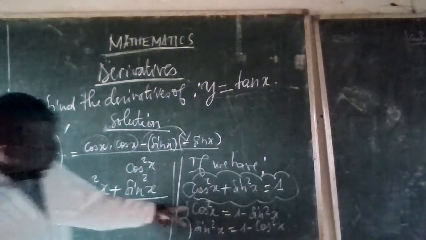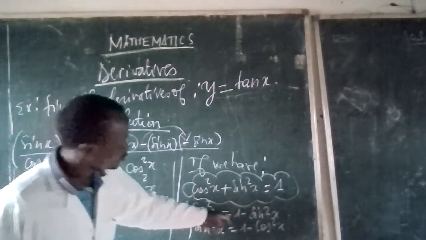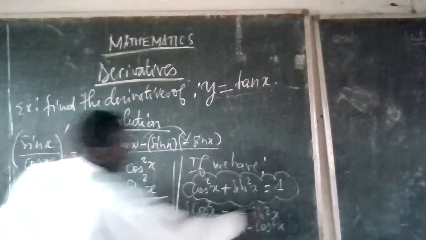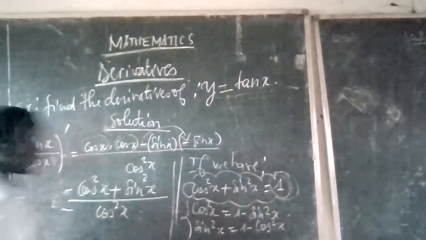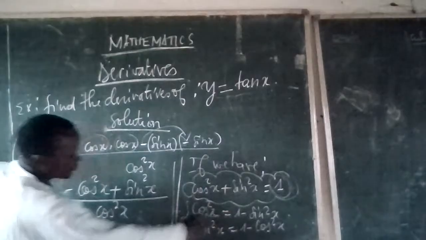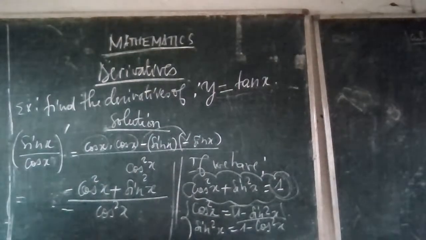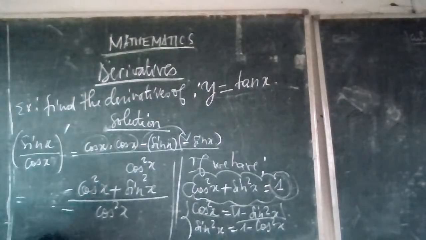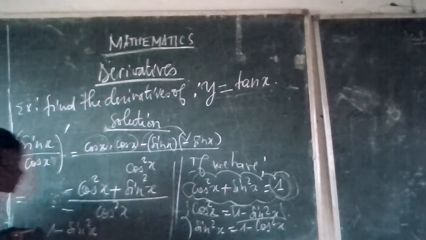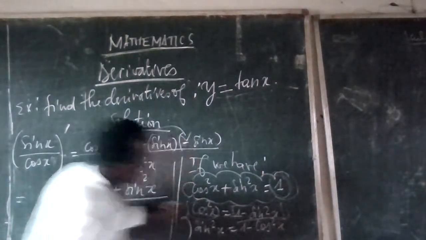Among those two trigonometric ratios, if we take one and substitute it in our original equation above, let us see whether we get this one on both sides. Let us take randomly this cosine square. Where we have cosine square x, we put 1 minus sine square x. Then finally, it is 1 minus sine square x plus, you see, this one is equal to 1 minus sine square x.